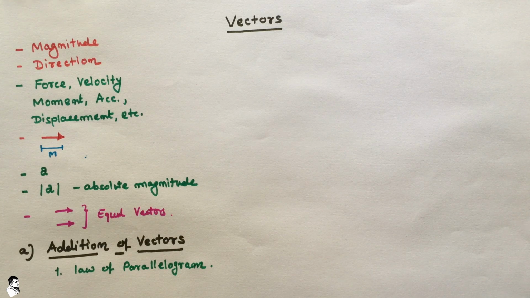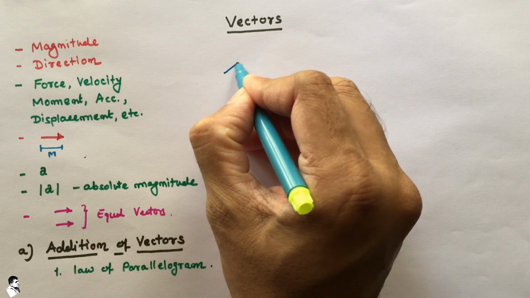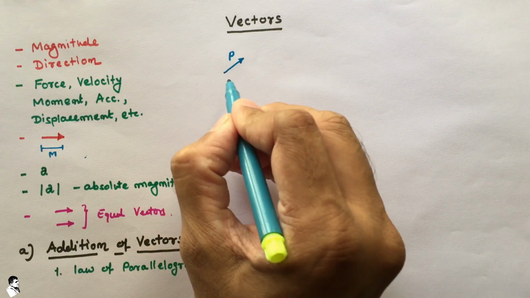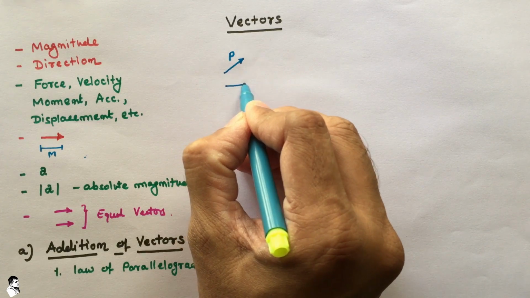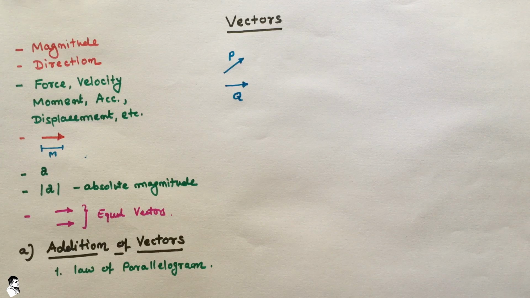Now let us consider two different vectors. One vector is P and another vector is Q, with their magnitude as well as direction.